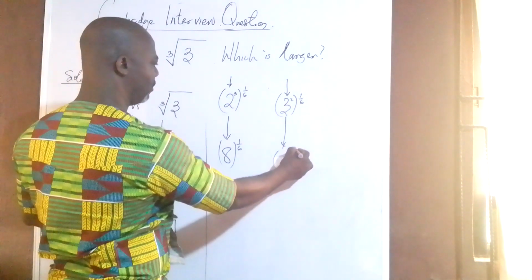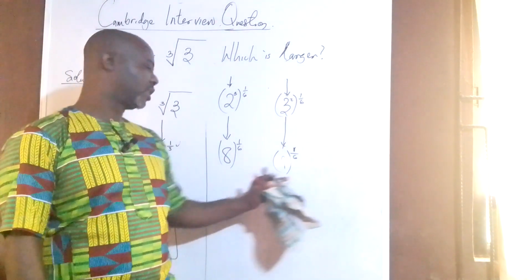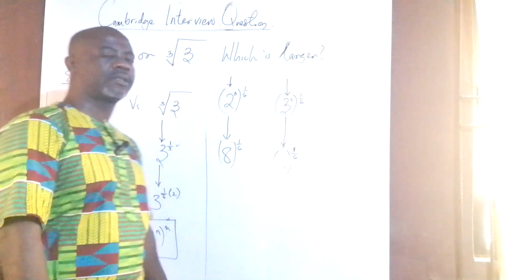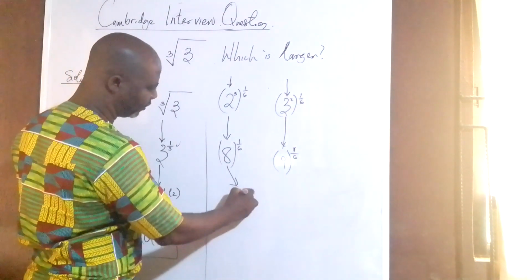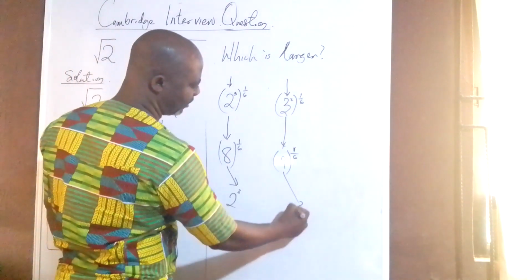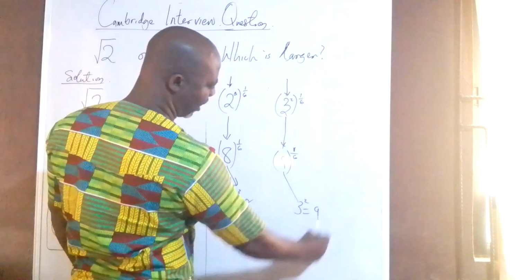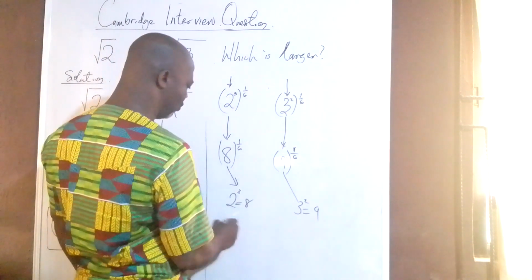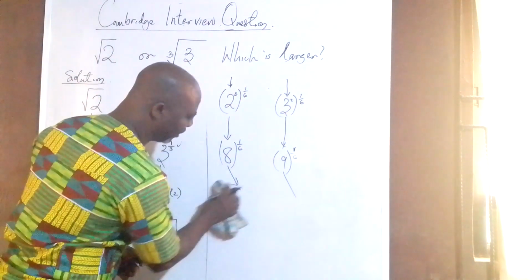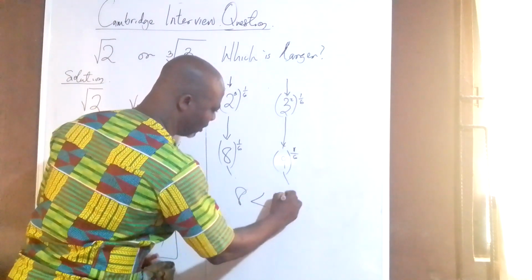Since the powers are the same, we can compare the bases. This is 2 to the power of 3, and this is 3 squared. Of course, this is 8 and this is 9. Between 8 and 9, you will agree with me that 8 is less than 9.